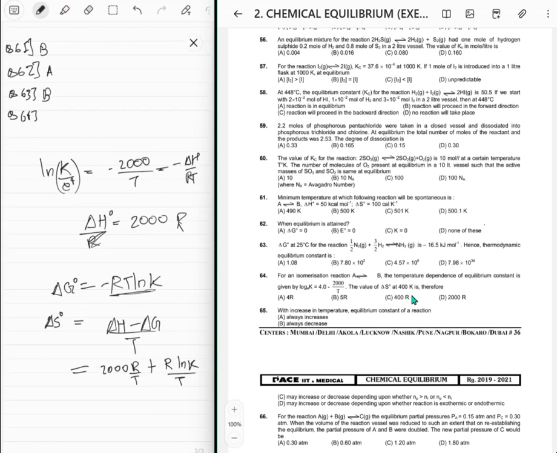Hey, I just realized that this natural log K is actually just delta G, so we could have got it directly from there as well, right? This thing is just negative delta H upon RT.